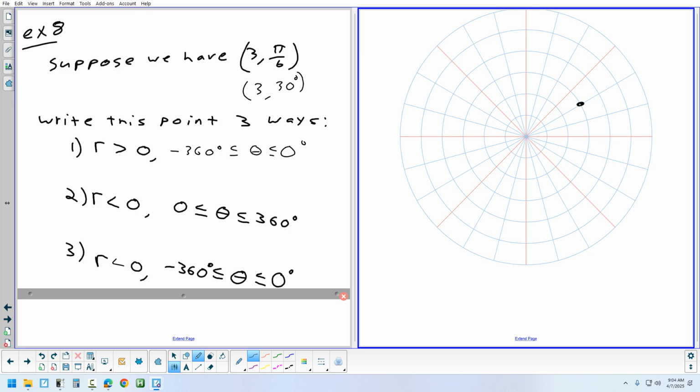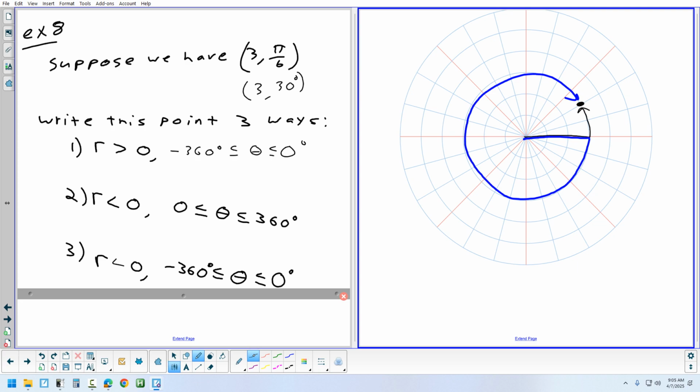Now they want us to basically write it every other way. So we went 3 to the right and 30 degrees that way. Now let's go 3 to the right, and then go in the other direction. We have to figure out how much to rotate to do what I just drew in blue. First of all, there are only 2 numbers you can use for r and land on the third circle: 3 or negative 3. If you don't have one of those 2 numbers, you're not going to be on the third circle.